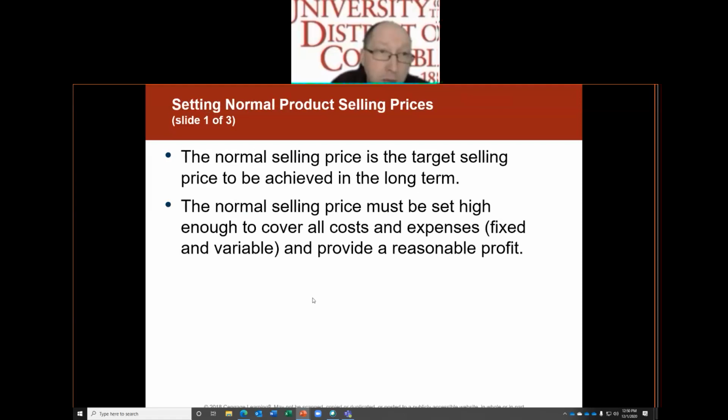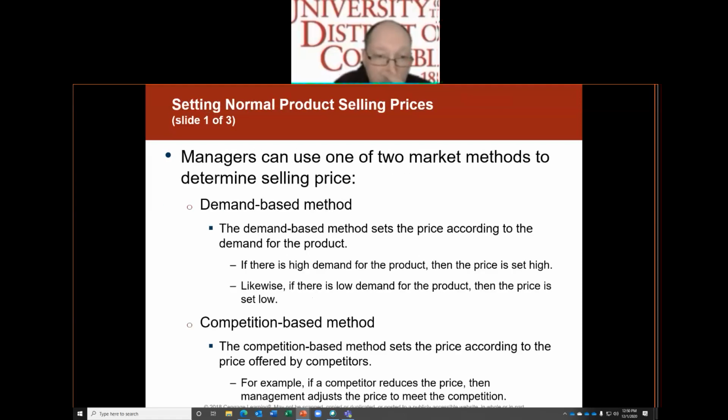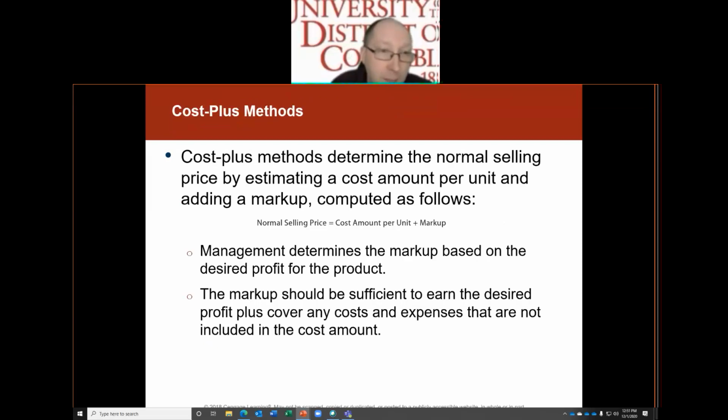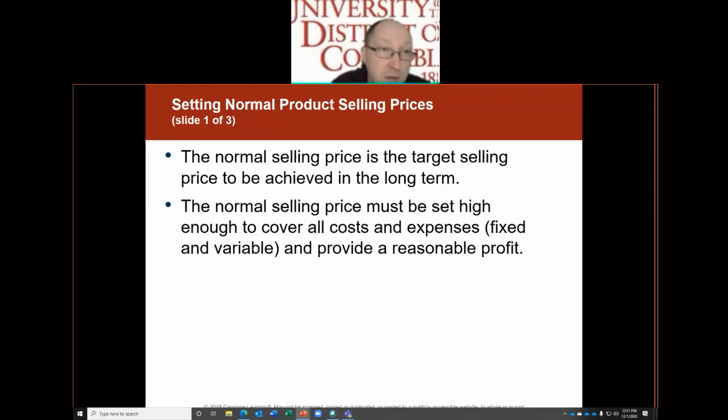If we change selling prices from normal product selling prices, we could look at this from the perspective of setting prices. Okay, let's talk about prices. Setting normal prices for a product. Typically what we do is we look at, is the selling price going to cover my fixed and variable costs?